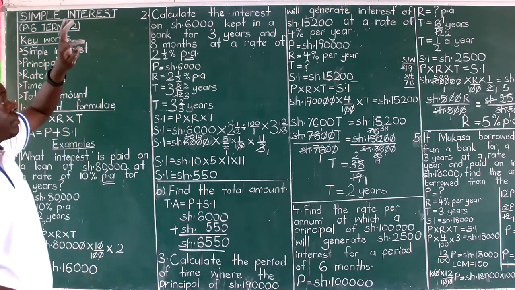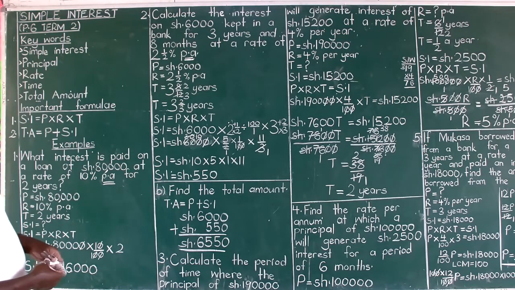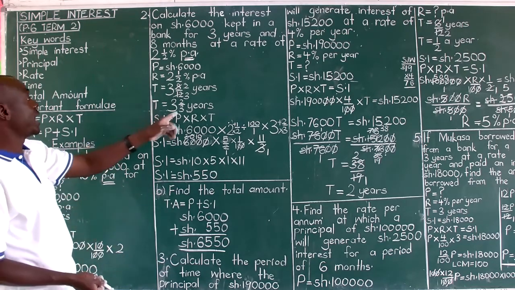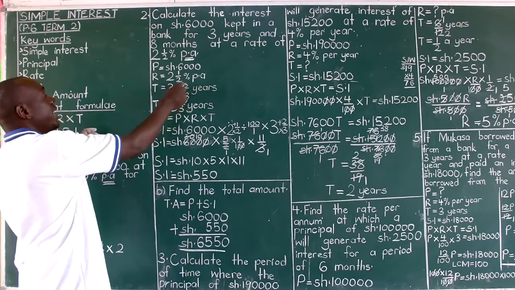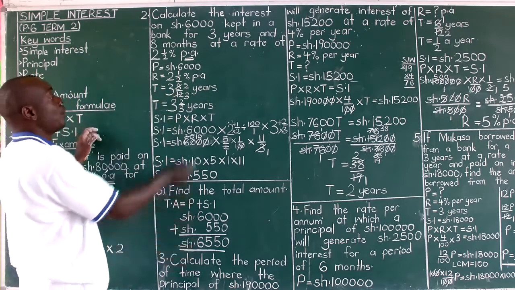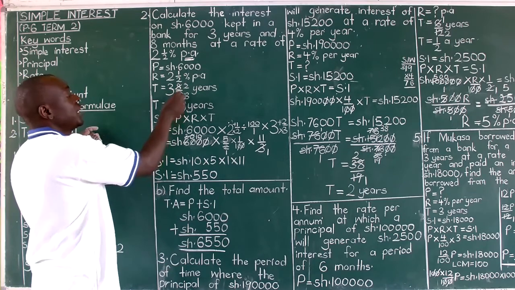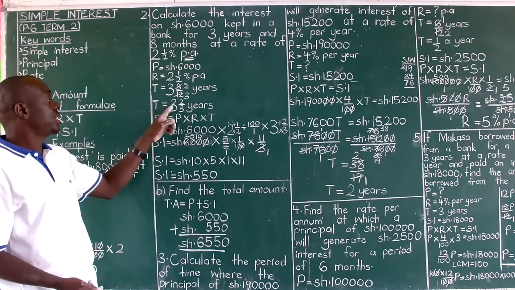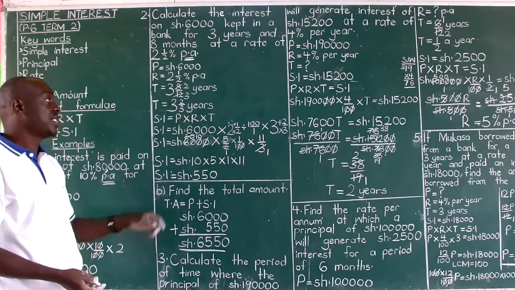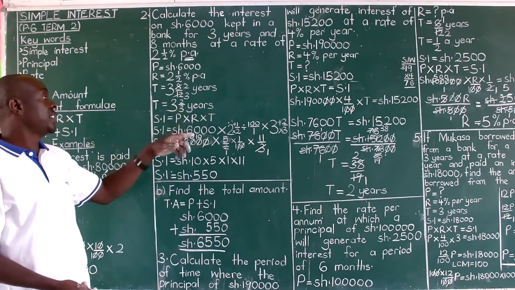So the 8 months must be written out of 12 to change them to years. That's why the time is 3 and 8 out of 12 years. Where 8 out of 12 is further reducible by 4. 8 divided by 4 is 2, and 12 divided by 4 is 3. So the actual time is going to be 3 and 2/3 years.